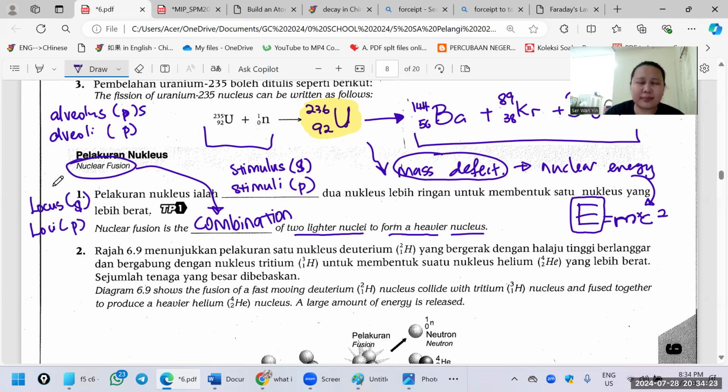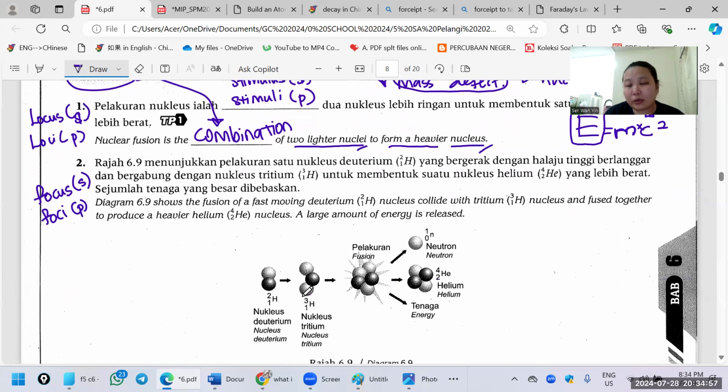And last year we learned Kepler's first law: all planets move around the sun in elliptical orbit with the sun as one focus, singular. Two foci, so plural, right? So two we say nuclei, one we say nucleus. So combine two light nuclei to become a heavier nucleus.